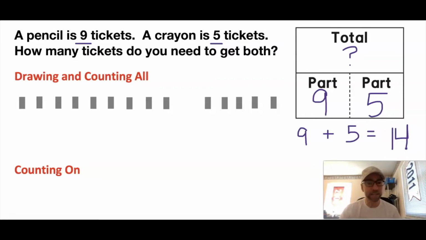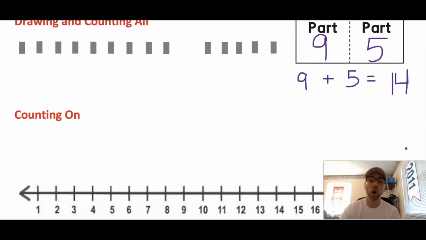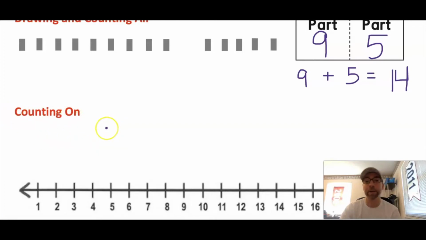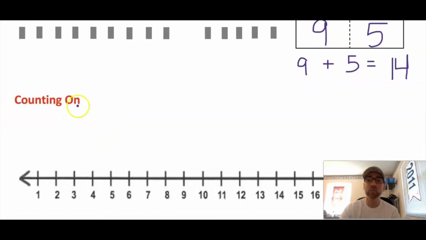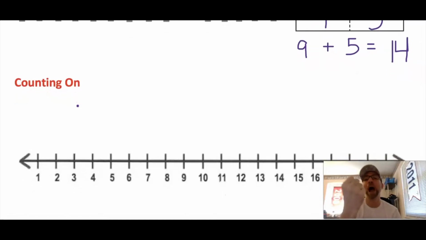Now, there's other ways that we can solve this problem. The other way that we can solve it is called counting on. Counting on is when I start with a number in my rock and then I add the other number onto it. So for this one, let's put the number 9 in the rock.